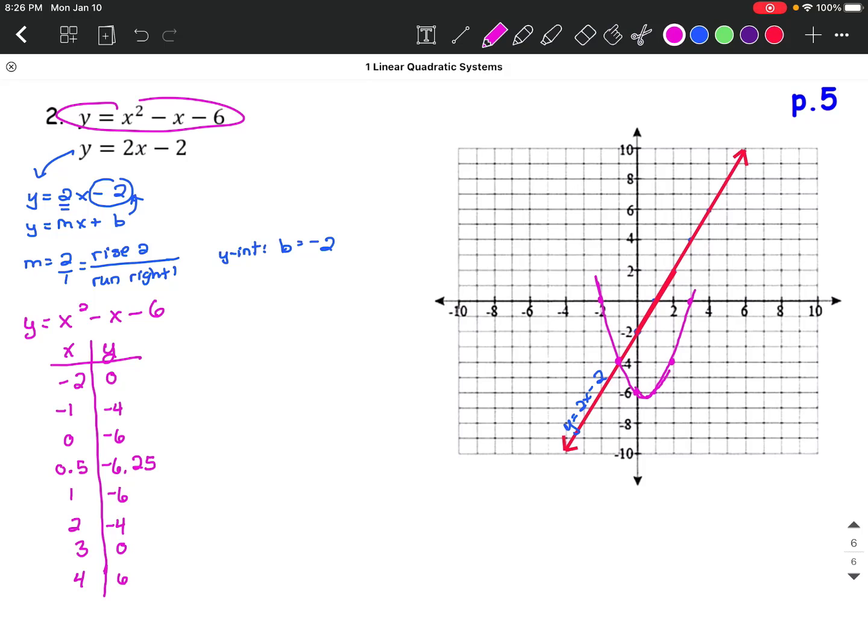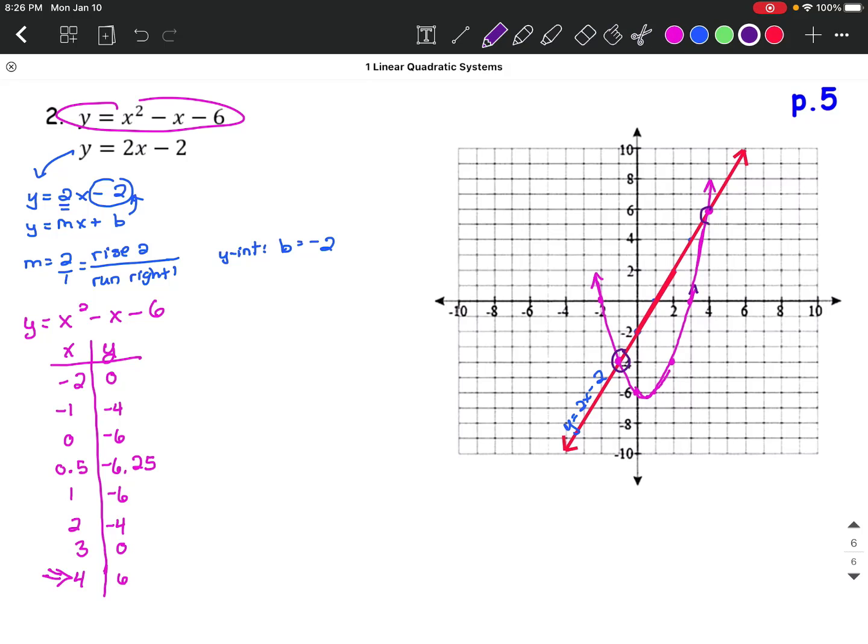But I see one point of intersection here, and it looks to me like this is going to keep going and hit my line again, which is why I said, uh-oh, I'm going to put 4 into my table, because now when I put 4, 6, I can see where that other point of intersection is.